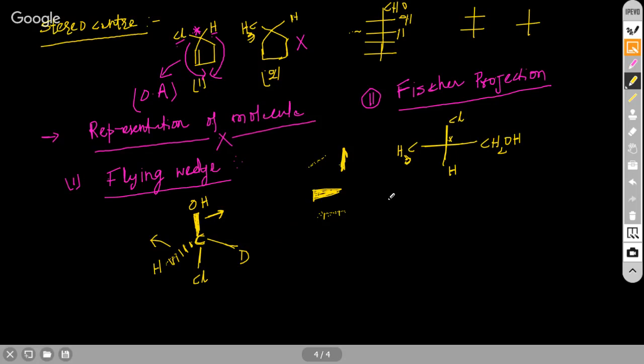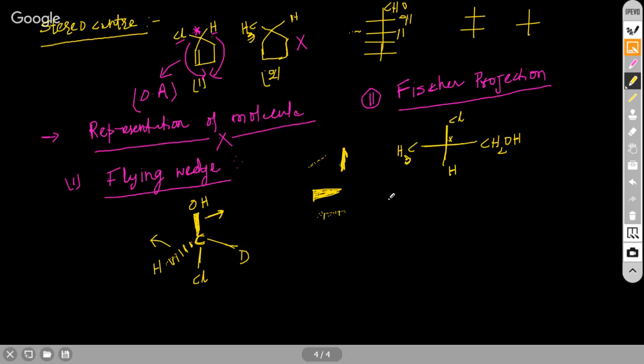Horizontal bond is coming towards the observer, out of the plane, and vertical bond is going away from the observer, into the plane.